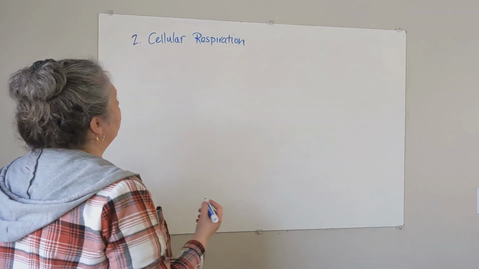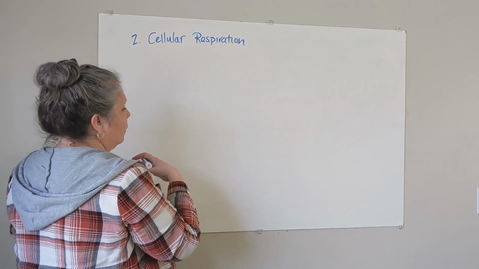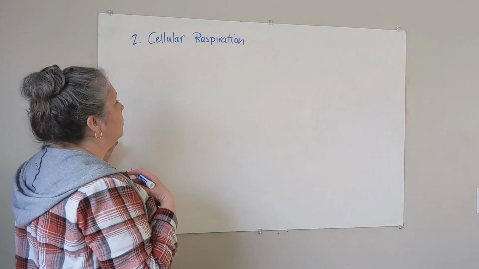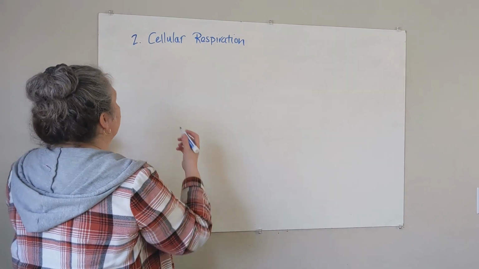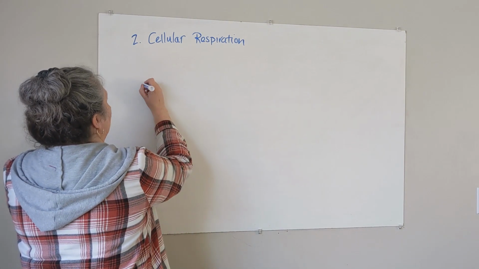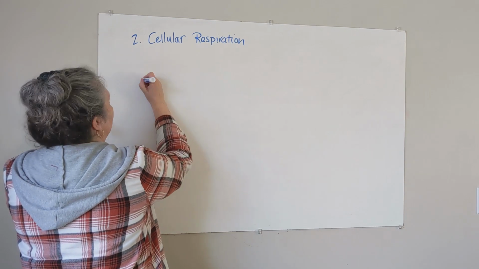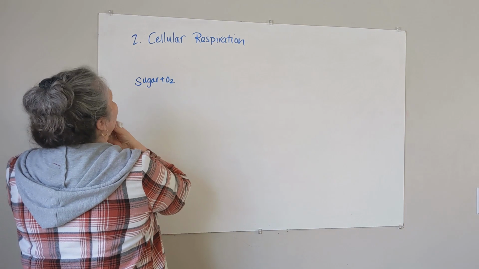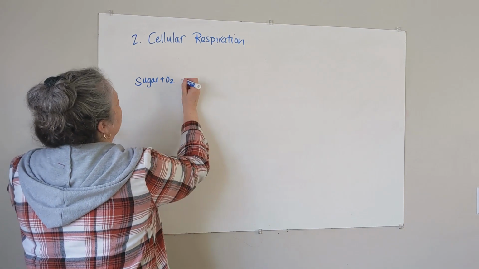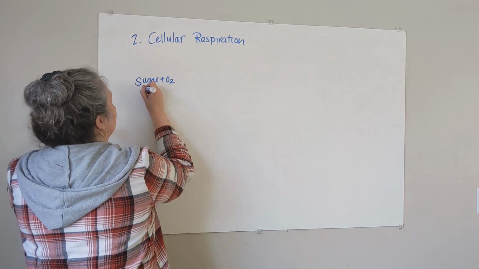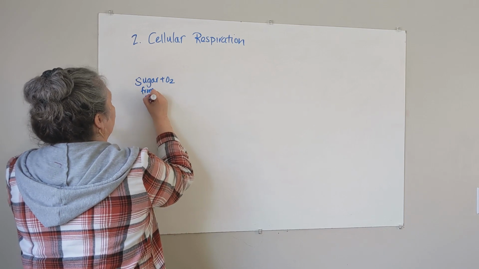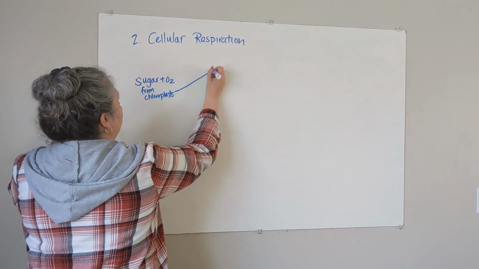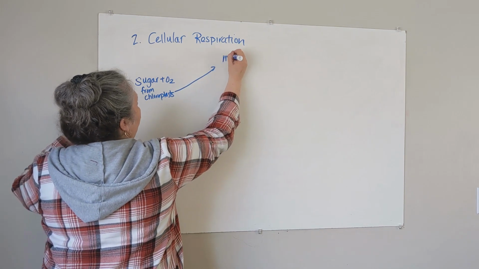Okay, cellular respiration is what happens after photosynthesis occurs in plant cells and in animal cells. And what happens is that the sugar, let's say if we're in a plant cell, we get sugar plus oxygen, and it goes from the chloroplast to our mitochondria.